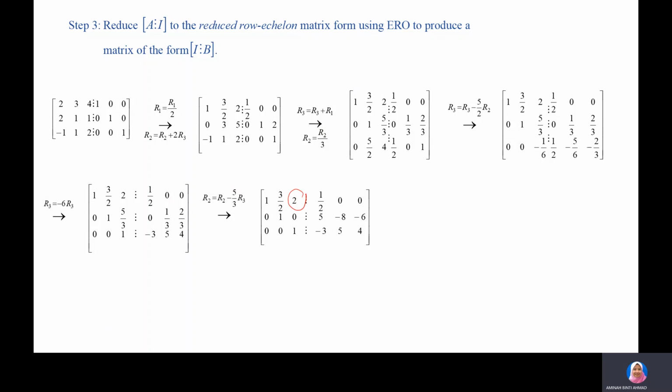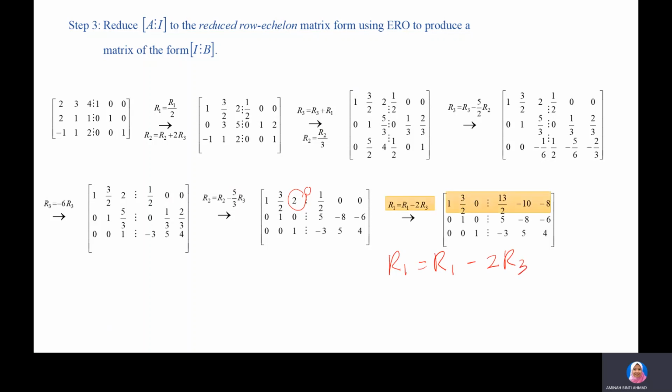So we want to make sure this one equal to 0. Okay, using the same method, you write row 1 equal to row 1, then what can make it equal to 0? You just minus 2 row 3, and change all row 1 using the formula.